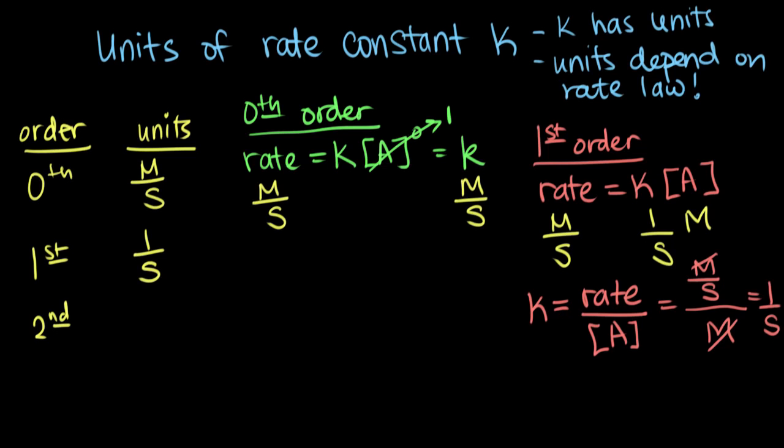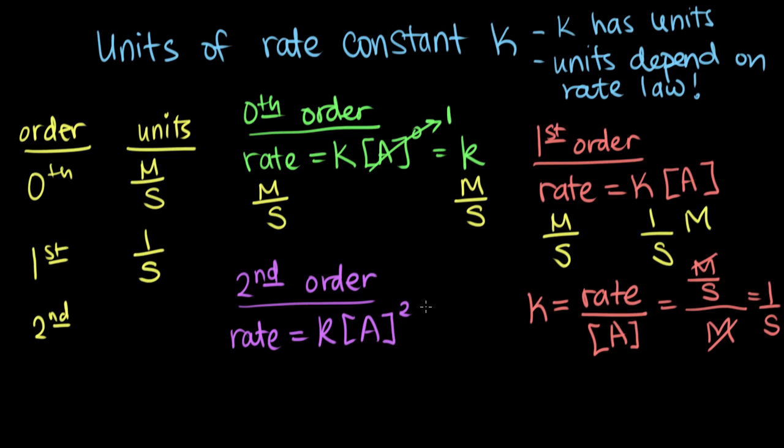The last example we're going to go through is going to be for 2nd order reactions. So 2nd order rate laws have the form rate is equal to our rate constant K times the concentration of our reactant to the 2nd power. So on one side, we have molar per second for the rate, and on the other side, now, since our concentration is squared, we have molar squared.